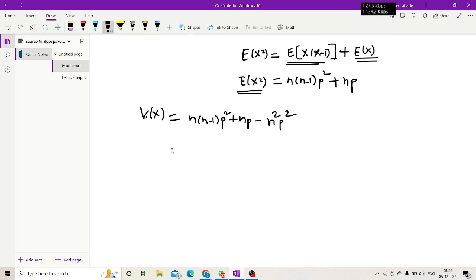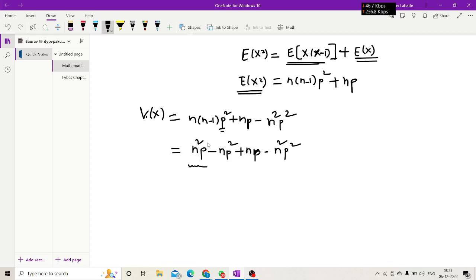Now just solve this. The first quantity is n square p square, since we are multiplying by p square.